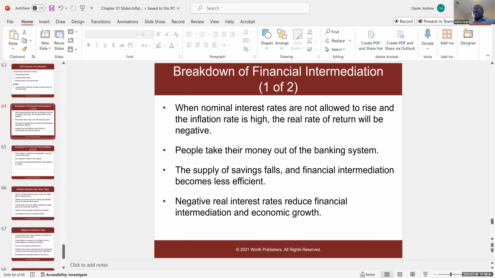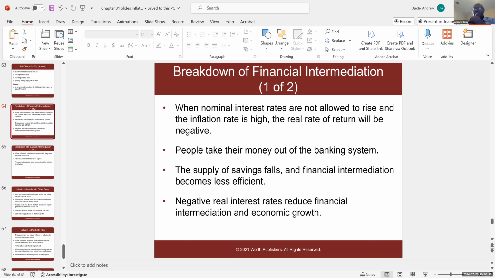So when nominal interest rates are not allowed to rise and the inflation rate is high, the real rate of return will be negative. In some places, some governments around the world, like governments run by dictators, sometimes have controls on how much banks can charge in interest. They can say beyond a certain level you cannot increase the interest rate, because of what they call interest rate gouging.